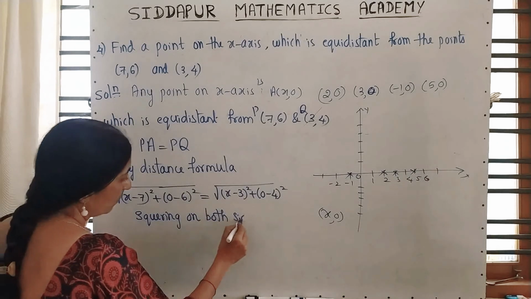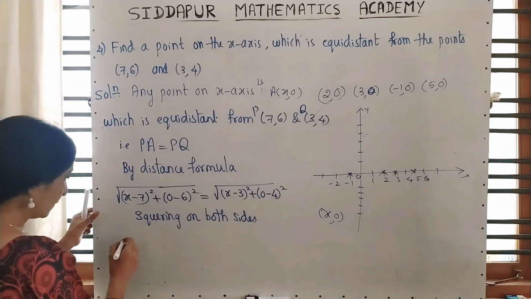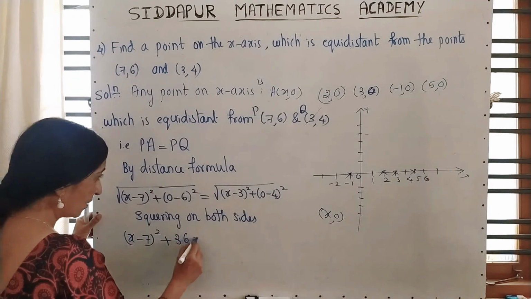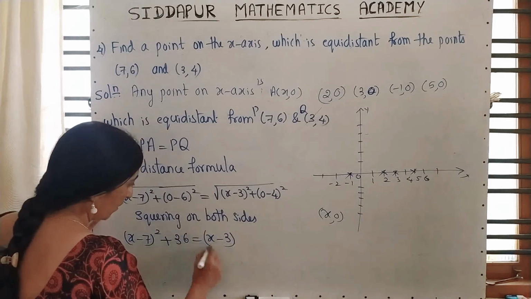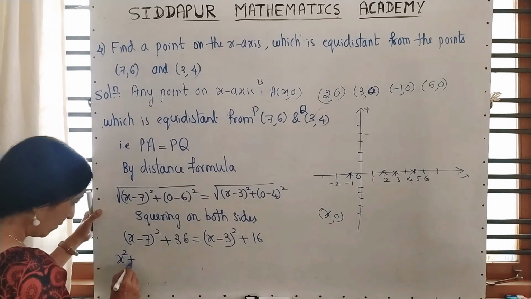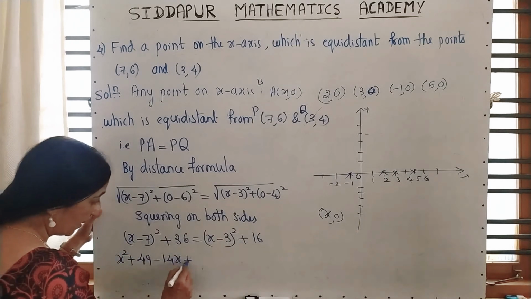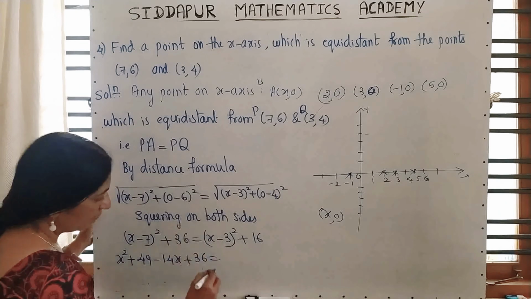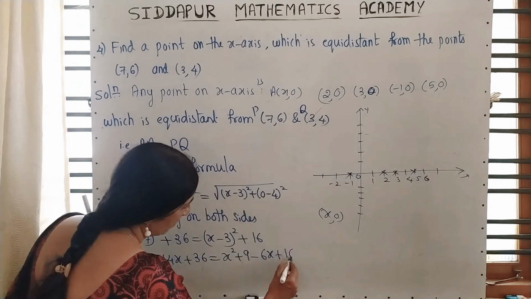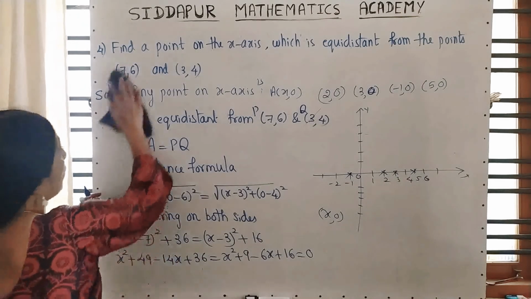The square root gets cancelled. (x minus 7) whole square plus 36 is equal to (x minus 3) whole square plus 16. This is x square plus 49, a square plus b square minus ab, plus 36 is equal to x square plus 9 minus 6x plus 16 is equal to 0. Write down all the terms on left side.